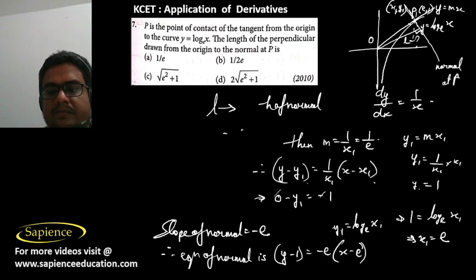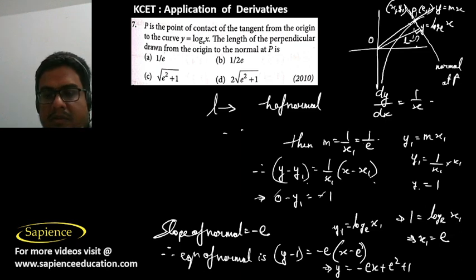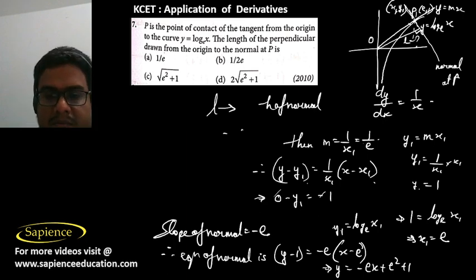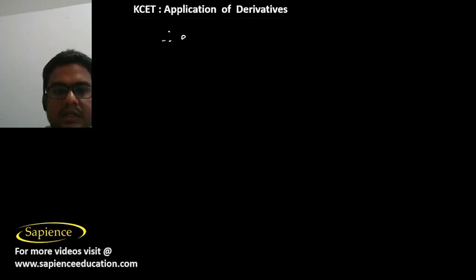So y is equal to minus ex plus e square plus 1. Y plus ex, that is equal to e square plus 1. So therefore the equation is ex plus y minus e square minus 1.